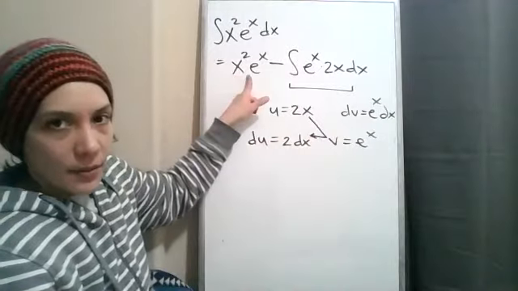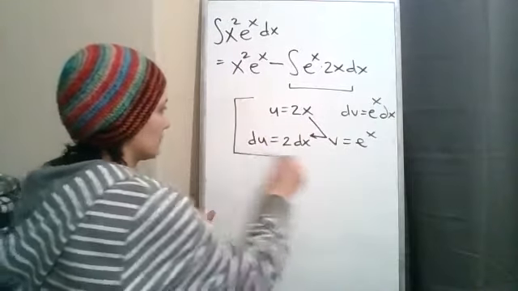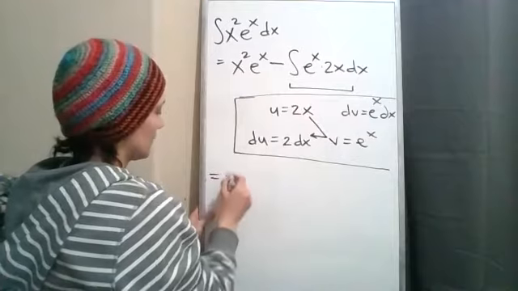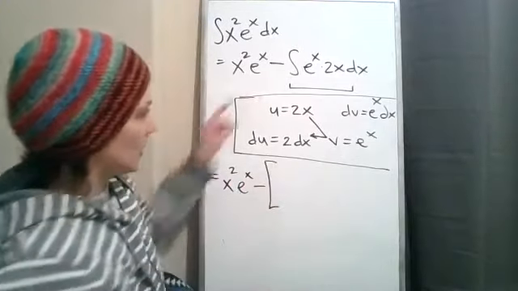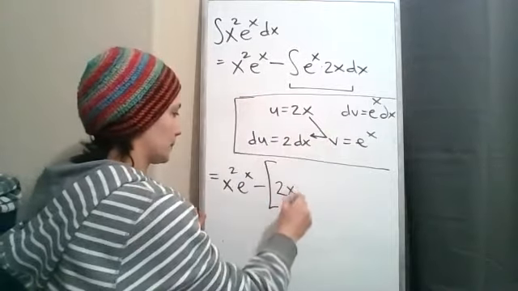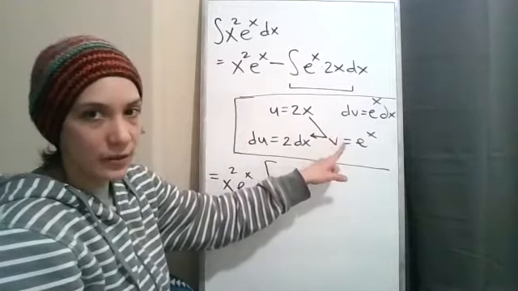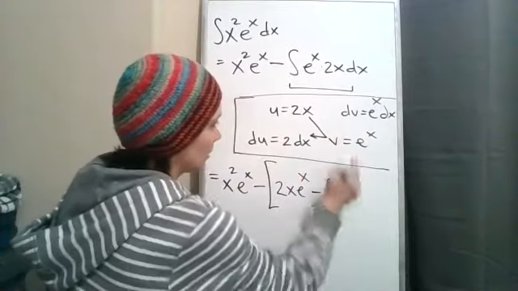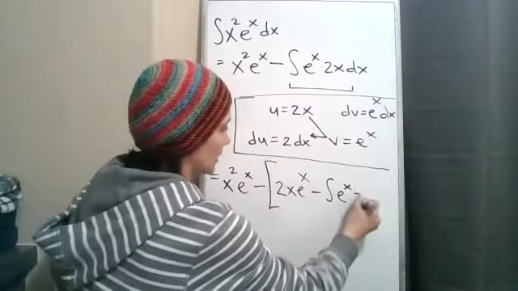So x squared e to the x, subtract u times v, minus the integral v du.